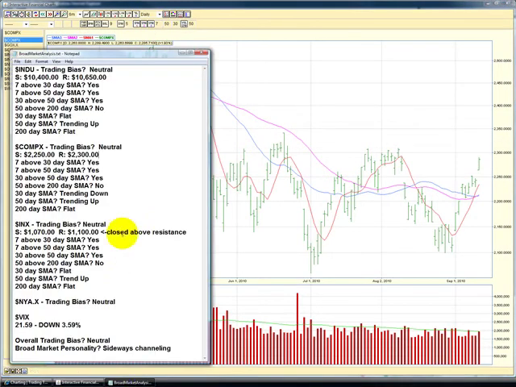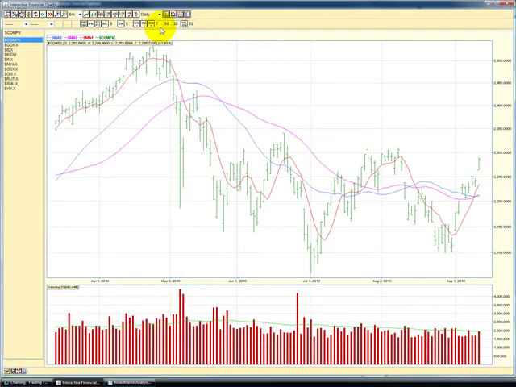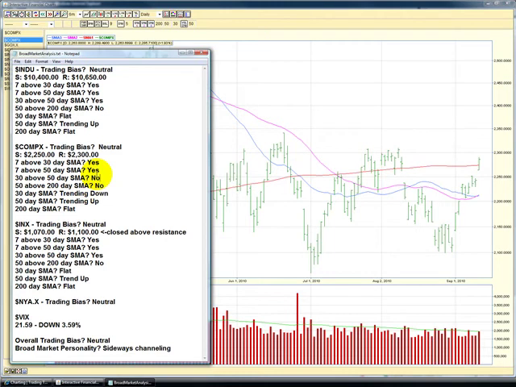In fact, interestingly enough, the 30 is no longer above the 50. The 50 is now above the 30. Take a look at that closely. Won't be long now that the 30 comes back, though, if it stays on this path here. All right, 30-day is trending up. 50-day is trending up. And even the 200-day looks to be trending up.